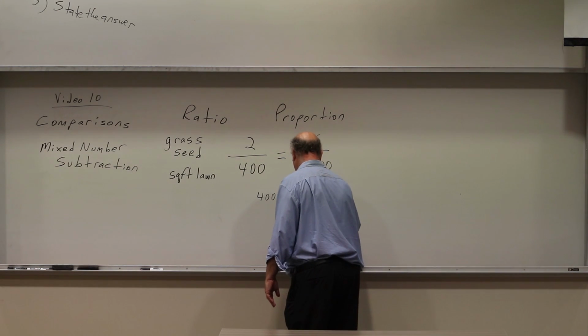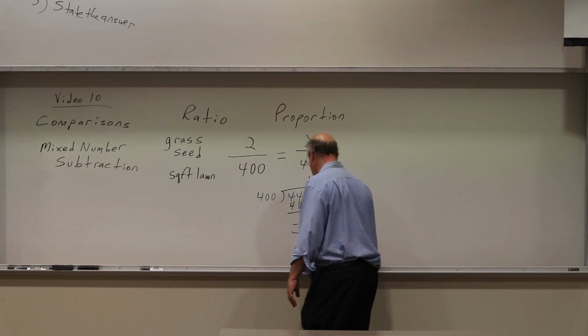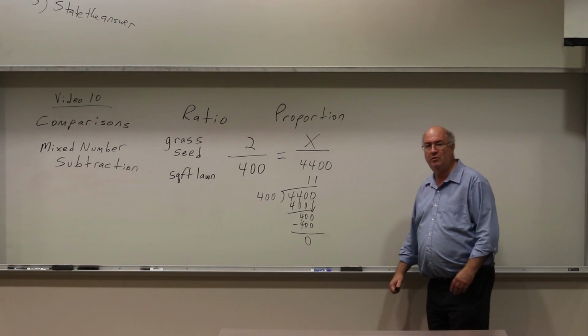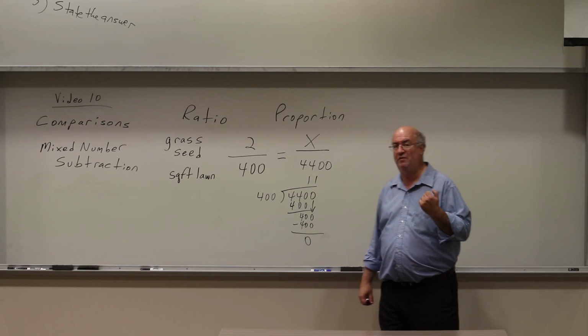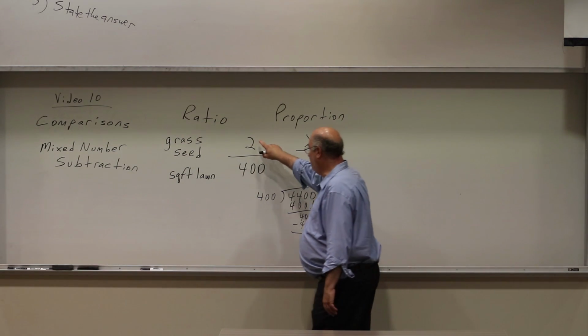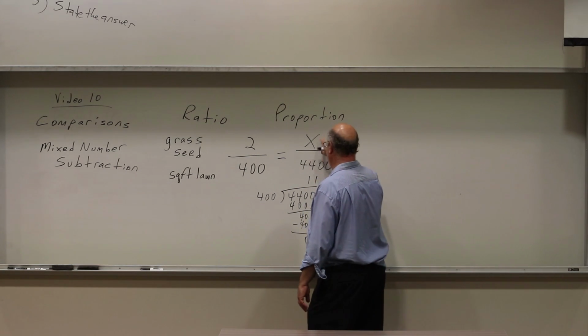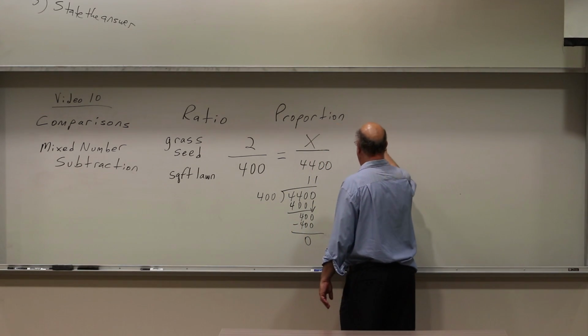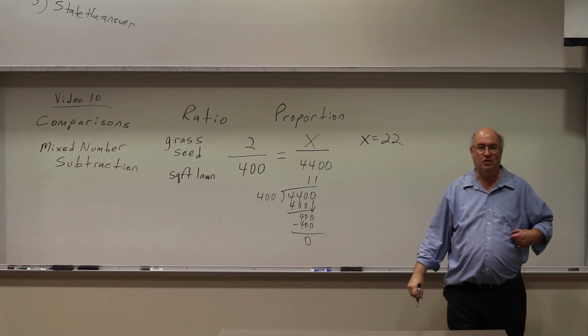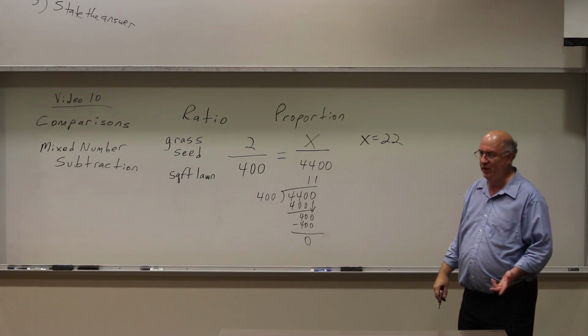Again. One more time. So it goes in 11 times. So we had to take 400, increase it 11 times to get to 4,400. So we would take 2 and increase that 11 times to get X. So x is going to be equal to 22. That's one way of doing things.